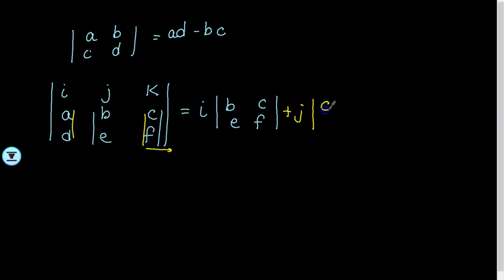So it's C, A, D, F. If you kept it in the same order as A, C and D, F, then that would have to be a minus there. I just like to have everything plus. And then for the last one, we go K, and because I'm using K, I have that one there, A, B, D, E.